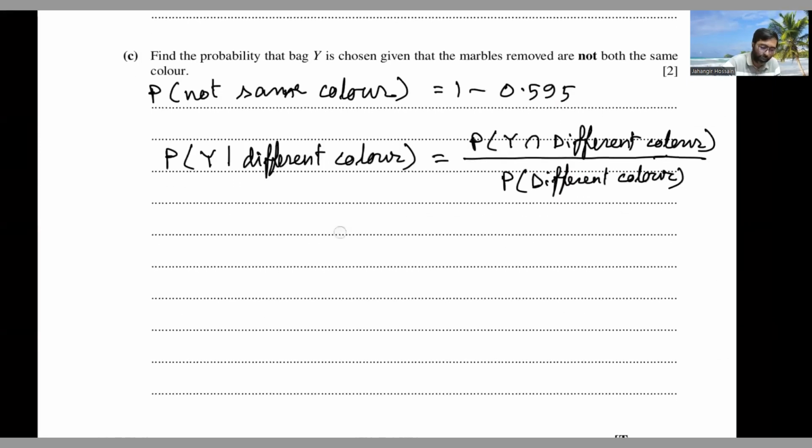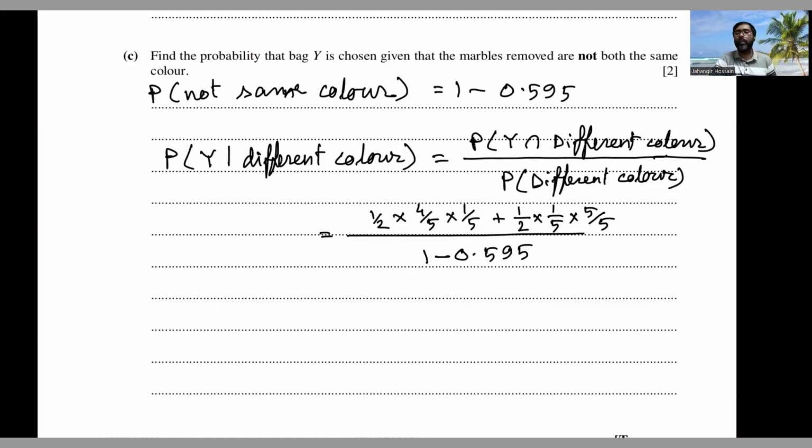The numerator we have is half times 4 by 5 into 1 by 5 plus half times 1 by 5 into 5 by 5. And in the denominator, there is 1 minus 0.595.